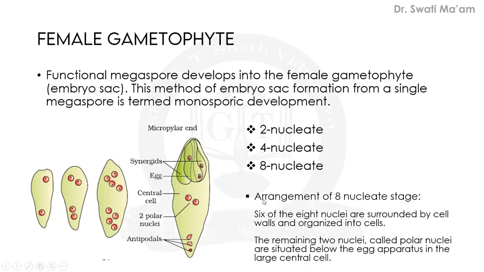Then again the arrangement of the 8 nucleate structure: see here, 6 out of 8 nuclei are surrounded by cell walls and organized into cells. And the remaining 2 nuclei, known as polar nuclei, are located in the centralmost region, just below the egg apparatus in the large central cell. So this will be the arrangement of the female gametophyte.